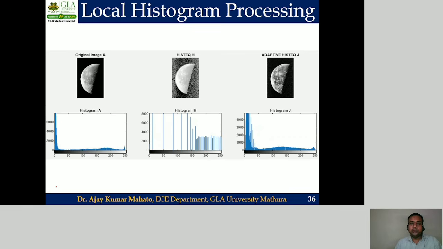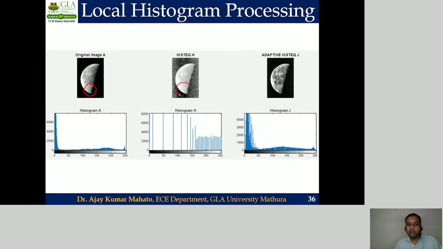In this example, image A is my input image, and in this input image A, my region of interest is this smaller region. I would like to enhance this smaller region of image A. So when I apply the histogram equalization, I did not get my desired output.